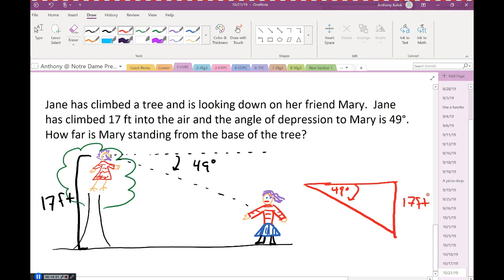And because Jane has climbed up into the air, we can just assume her line of sight. Okay, maybe she flew up there. Her line of sight is 17 feet.